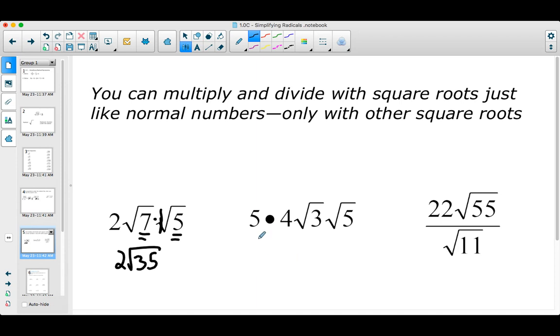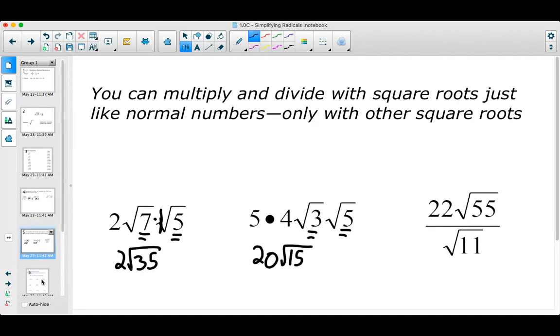Over here we have a 5 times 4. We have a 20, and then the square root of 3 times the square root of 5 is equal to the square root of 15. Over here, division: make sure you divide 55 and 11 first, do that together, and that should equal 5, so 22 square root of 5.